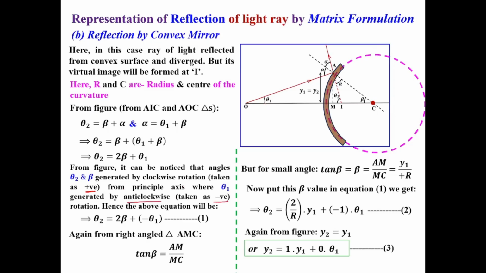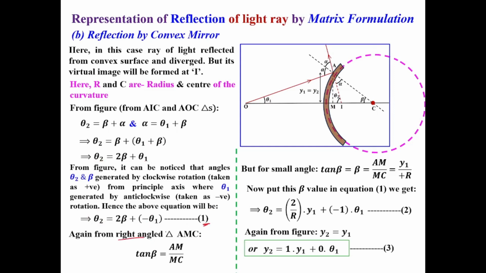Theta 1 is generated from the principal axis by anti-clockwise rotation, so theta 1 will be considered negative, whereas theta 2 and beta will be positive. Hence the above equation will be theta 2 equals 2 beta minus theta 1, where theta 2 and beta are positive as compared with theta 1, which is negative. Let this be equation number 1.